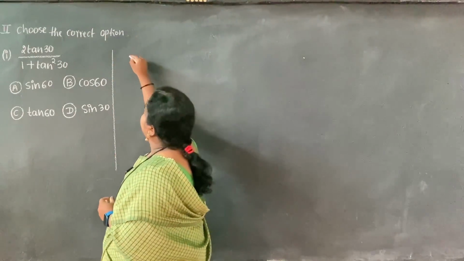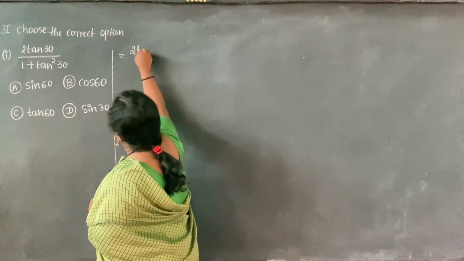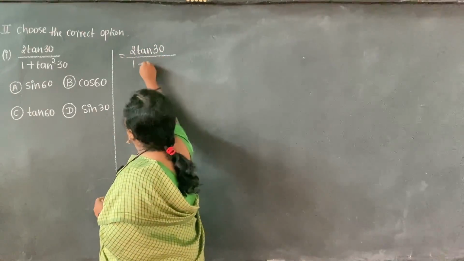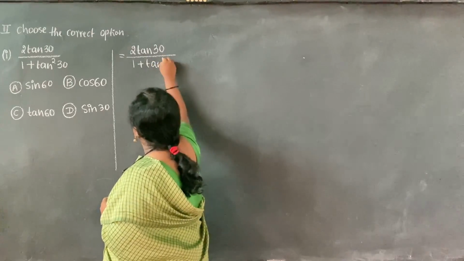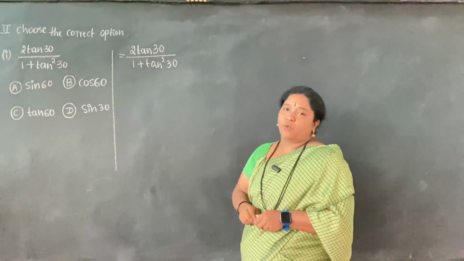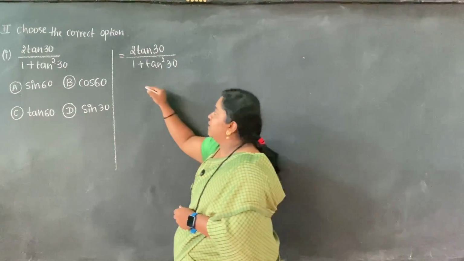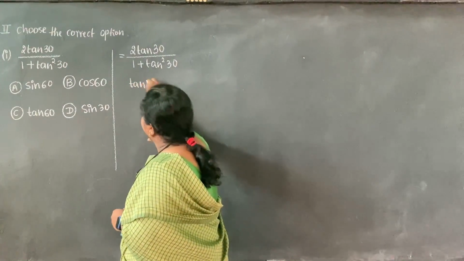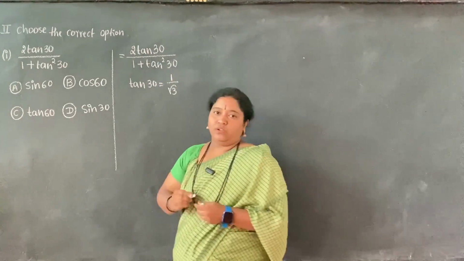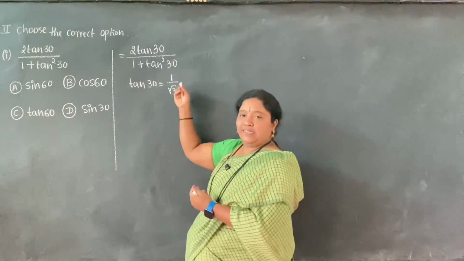What is the question, dears? The question is 2 tan 30 divided by 1 plus tan square 30. Remember the tan 30 value? You have to remember tan 30 value is 1 divided by root 3. We'll substitute it.